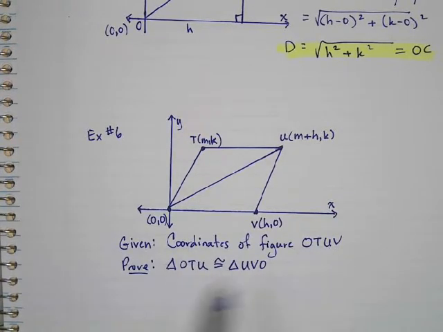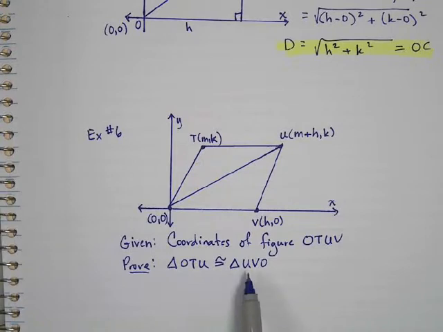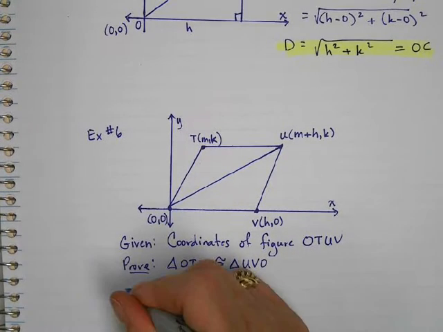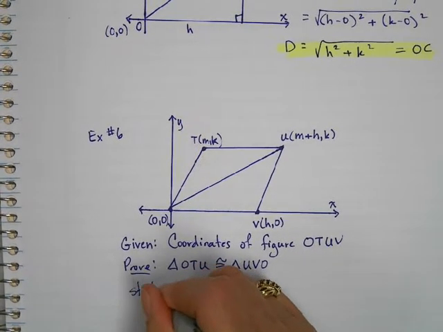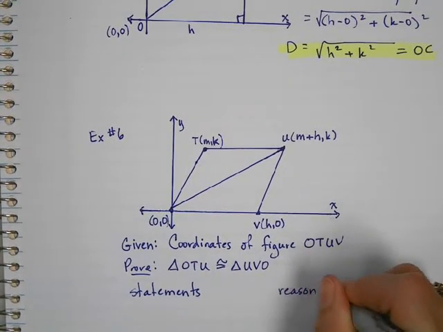Alright, so you're given the coordinates of the figure. You're going to prove that OTU, that's this triangle, is congruent to triangle UVO. Alright, so let's go with our statements and our reasons.